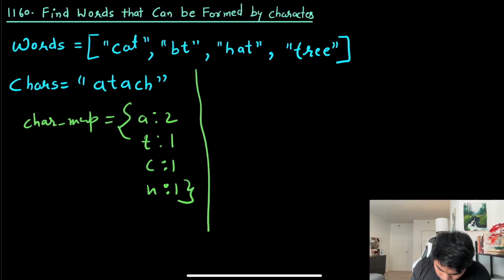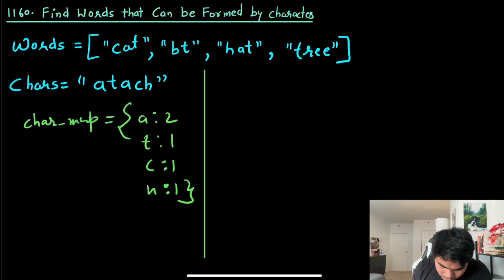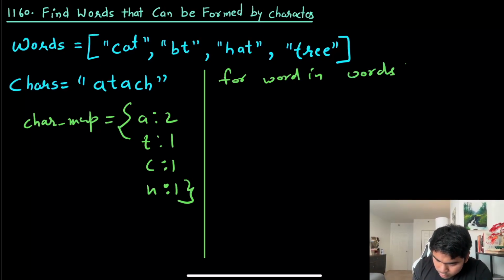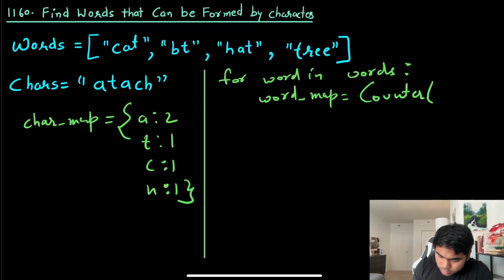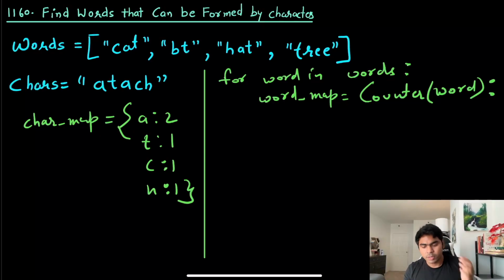Then what we will do is go through each word, so we'll start a for loop. For word in words, I will create a word map. Let's just call it word map, and in Python you can use Counter, send in the word, and that will give you the frequency map. This is an inbuilt function.